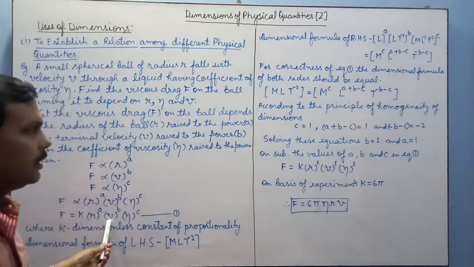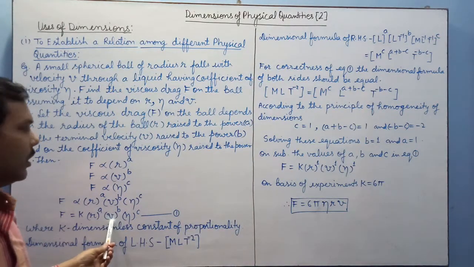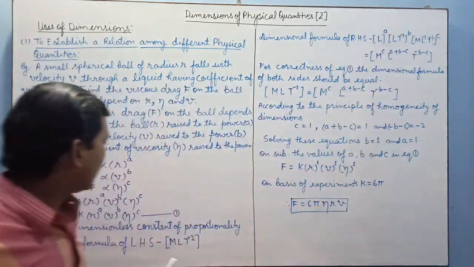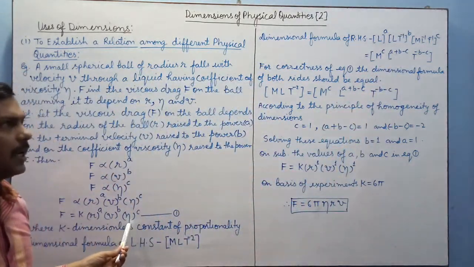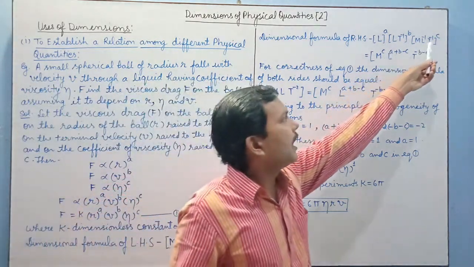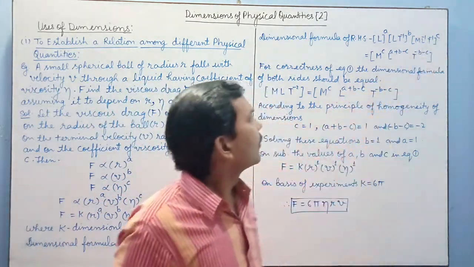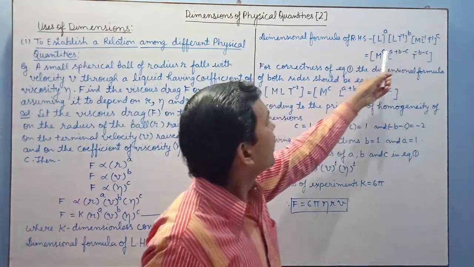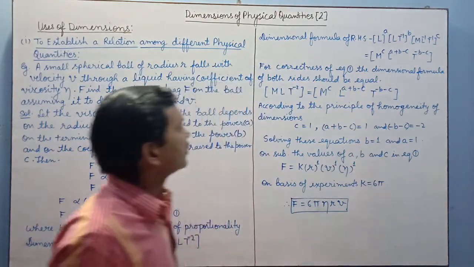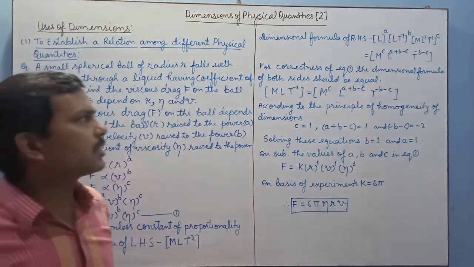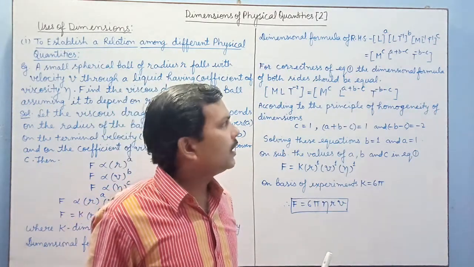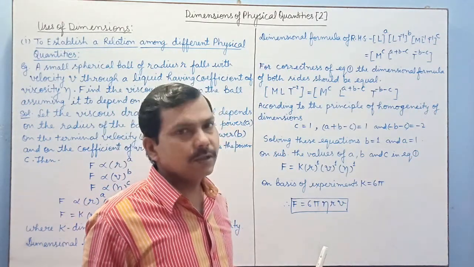Now velocity is LT minus 1, here power b, so LT minus 1 power b. Similarly, coefficient of viscosity eta is ML minus 1 T minus 1 and power c. Now we will solve this and write it this way. So we get M power c, L power a plus b minus c, and T power minus b minus c.